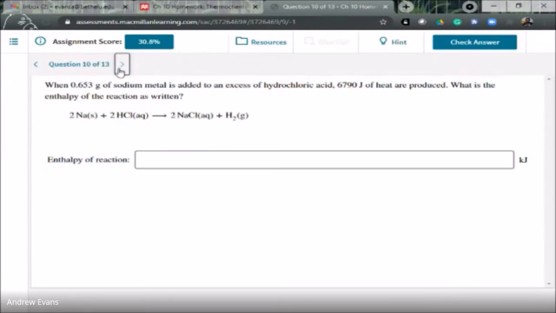When 0.653 grams of sodium is added to excess hydrochloric acid, 6790 joules of heat are produced.